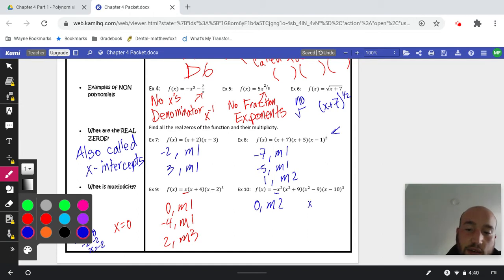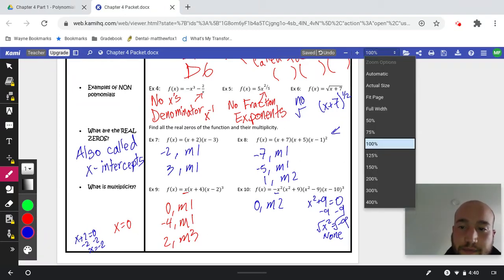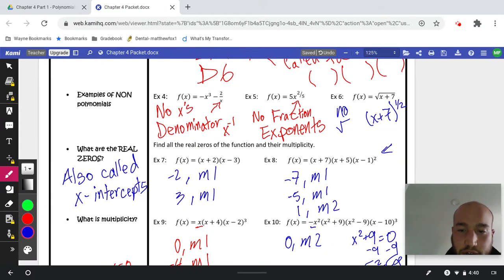If we set x squared plus 9 equal to 0, we subtract that 9, and we get x squared equals negative 9. And if we take the square root of a negative, we're going to get something imaginary. So in terms of our real zeros, we cannot get any from that. So I'm just going to put none, because there are no real zeros that come from that.